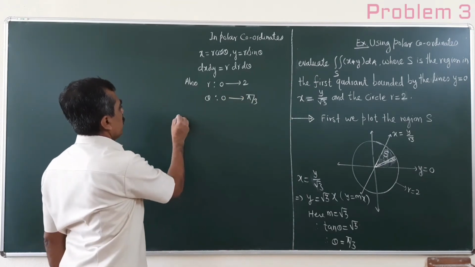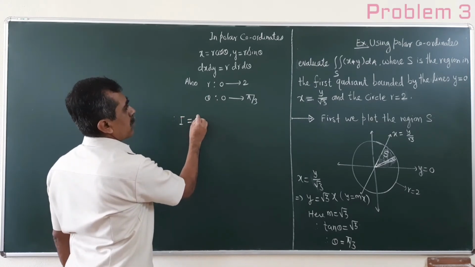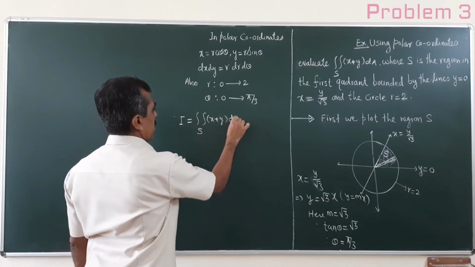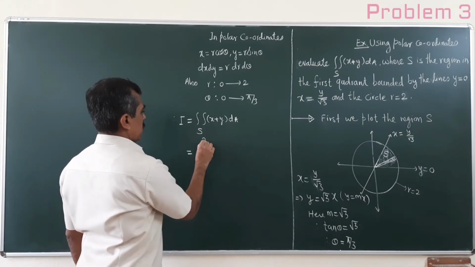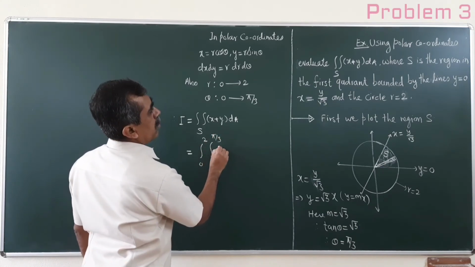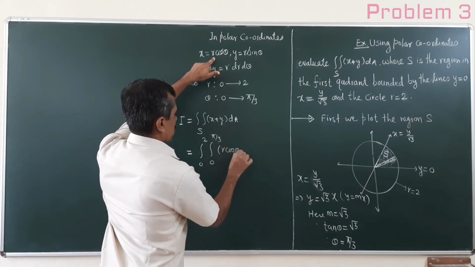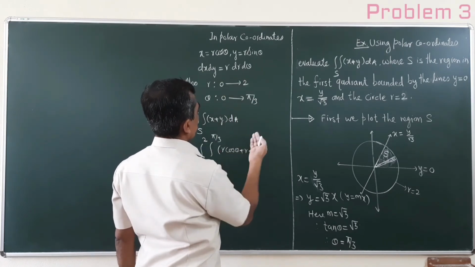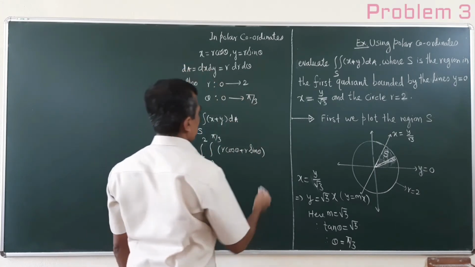Now to evaluate the integral, I is equal to the integral over S of x plus y dA. This is equal to the integral from 0 to 2, integral from 0 to pi by 3, of the integrand x plus y, that is r cos theta plus r sin theta, times dA. dA is nothing but dx dy, that is r dr d theta.